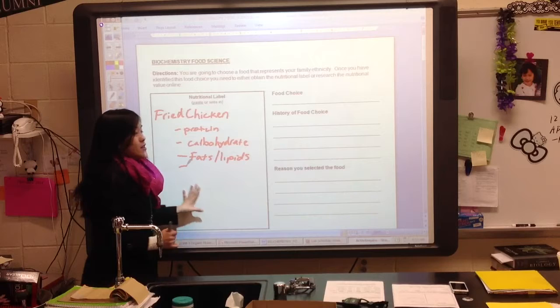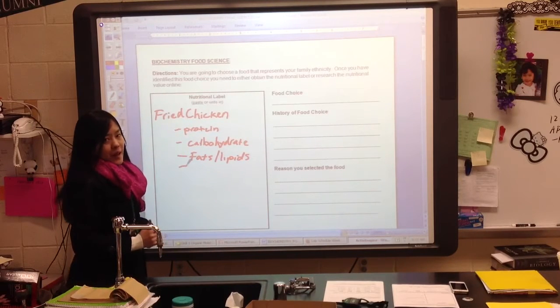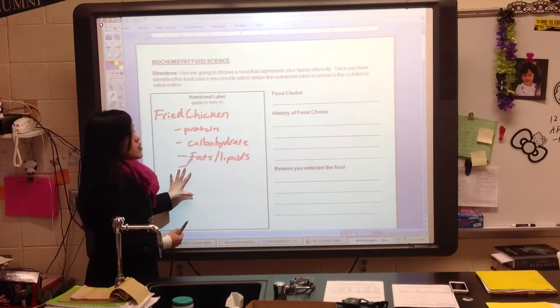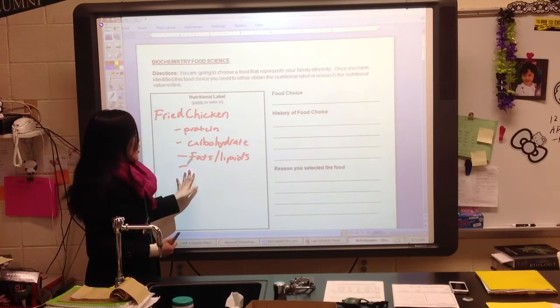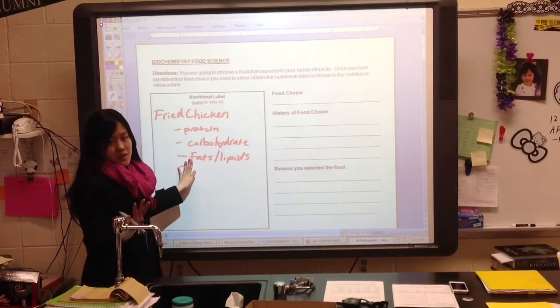As long as they are things that are organic or that were living at one point, they're definitely going to have DNA or RNA, and that's going to make them have nucleic acids. So these are the 3 main things that you're going to look for: proteins, carbohydrates, fats, also known as lipids.